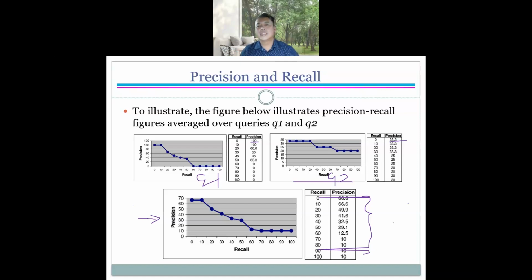Okay, this is very important because it can be used to evaluate the performance of your information retrieval system. But the problem now is that we have precision and recall. We have two things, so both must be 100% in order for us to get high performance.